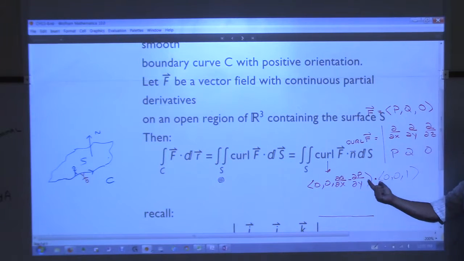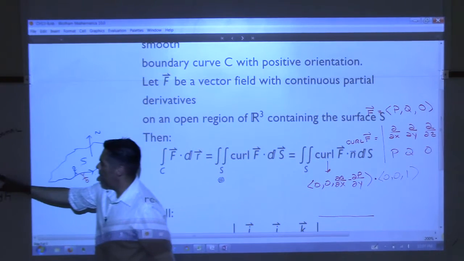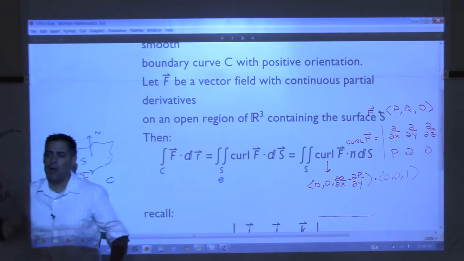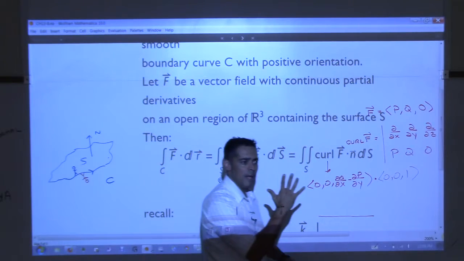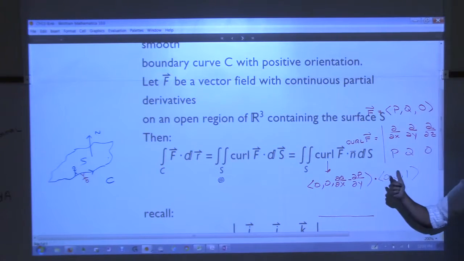Partial Q with respect to x minus partial P with respect to y, right? And then dS, right? But because the surface is on a flat sheet of paper, S is a region, so it's a dA. So it's just Stokes' theorem in two-dimensional space becomes Green's theorem.